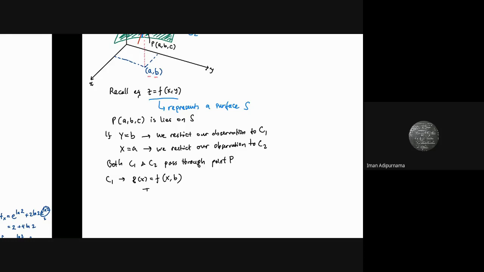So the T1, its tangent, is g prime(a), or we can also write it in terms of partial x.